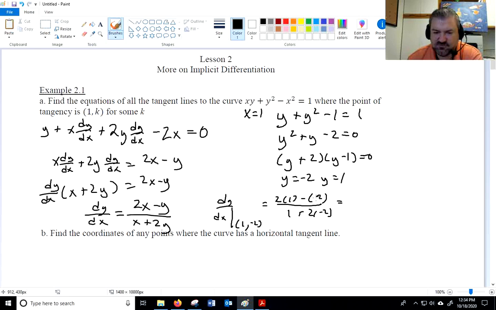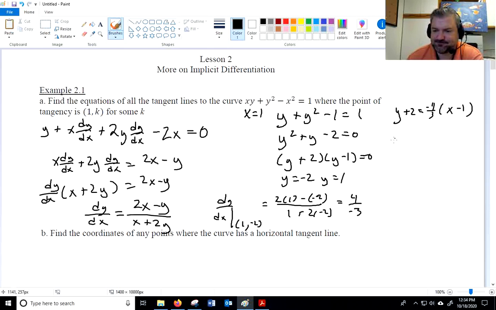That is 2 minus a negative 2, which is plus 2, so 4, over 1 minus 4, which is a negative 3. Okay, so I can write that equation as y plus 2 equals negative 4/3 times (x minus 1).